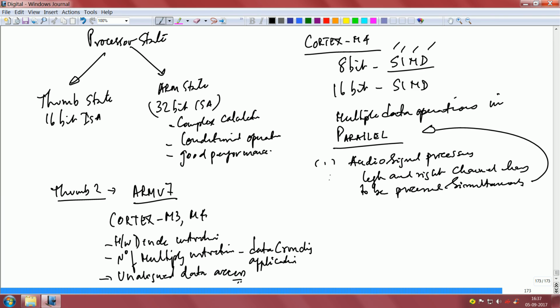Second application you can think about is image processing.